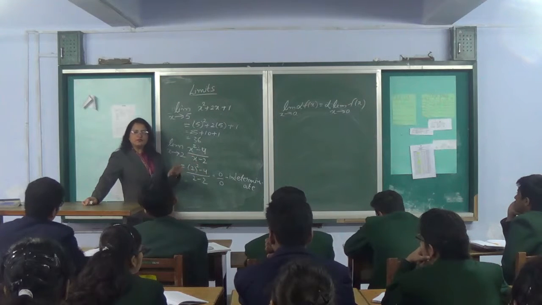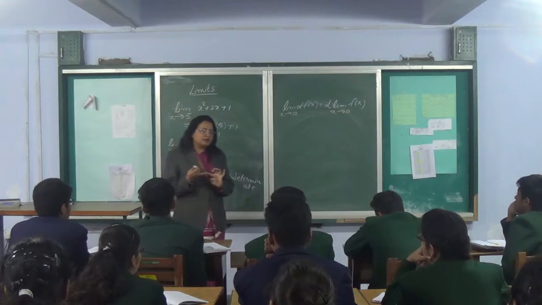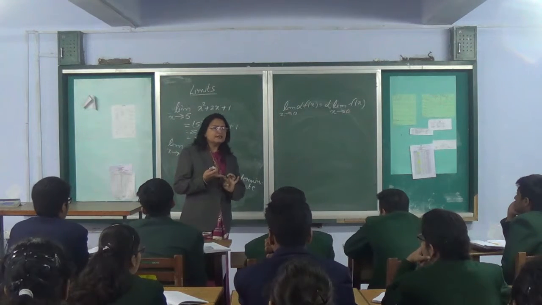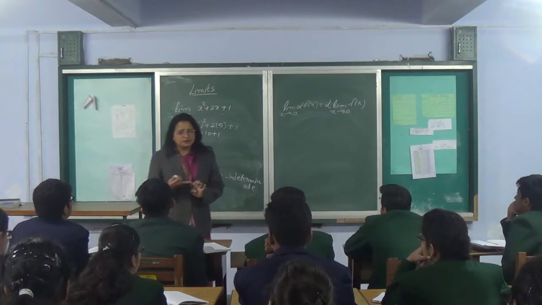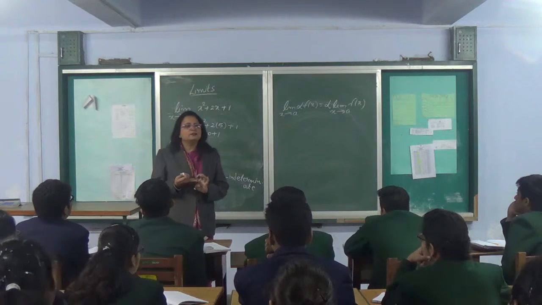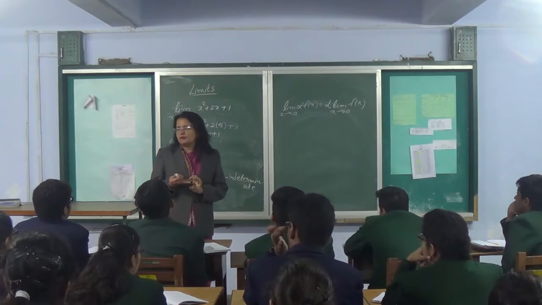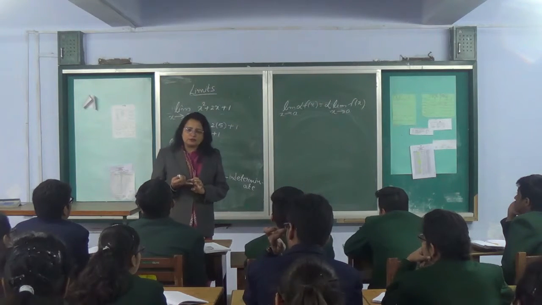So we have different ways of doing this. One is by factorization. Second is using rationalization. And the third is maybe using a special formula, but that formula is applicable only for a specific form of the function.